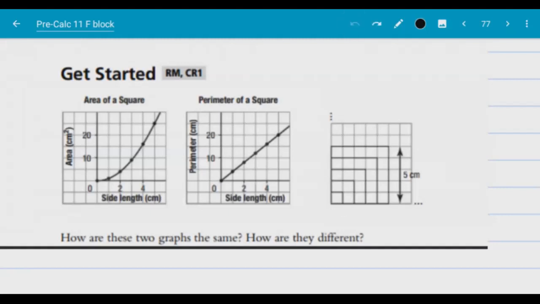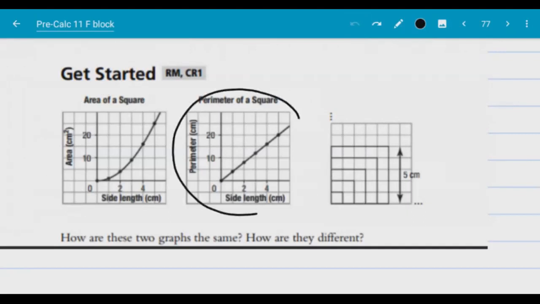Each side would measure 2, so the perimeter is 8, and the area is 4. This one would have side measurements of 3, the perimeter is 12, and the area is 9, and so on and so forth. So this is the graph of the area of a square compared to its side length.